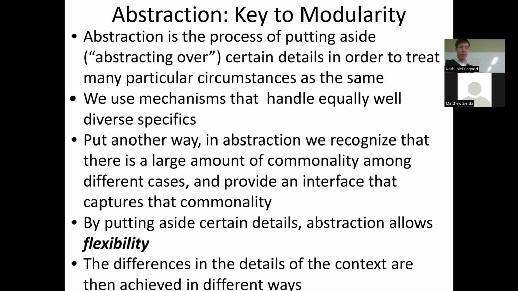Where each of those pieces is well defined. And I argued here before that to take effective advantage of such modularity, we need to use abstraction, this process of hiding details. We build up these pieces, modular components that handle equally well a wide variety of circumstances.